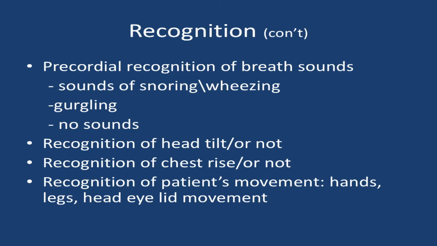Gurgling is a sound that will indicate that you have some secretions in the back part of the throat, and it's important to get back there and suction those out, or if you're using an Isolite device, which is important to help relieve the secretions that are in the mouth, that's important to recognize. They may not be getting all of the secretions out, so go in there physically and continue to suction.